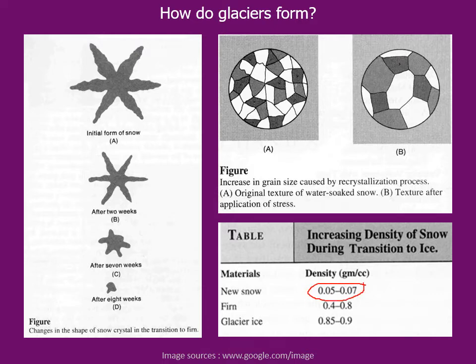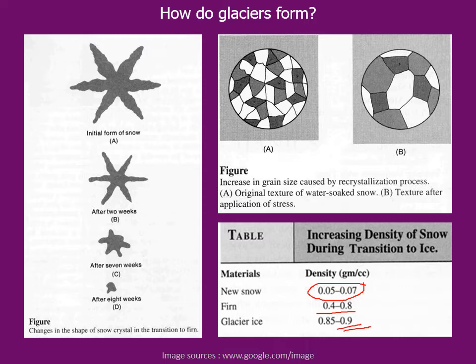With successive increase in compressive pressure and density, it forms round shaped ice crystals, grainy ice, which is firn, about 0.4 to 0.8 gram per cc, and ultimately the ice, which is the most dense form, 0.8 to 0.9 grams per cc density.